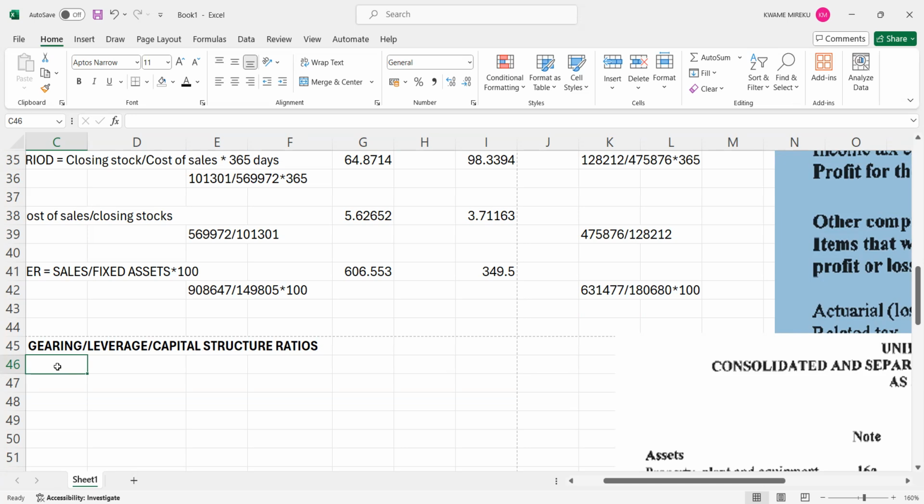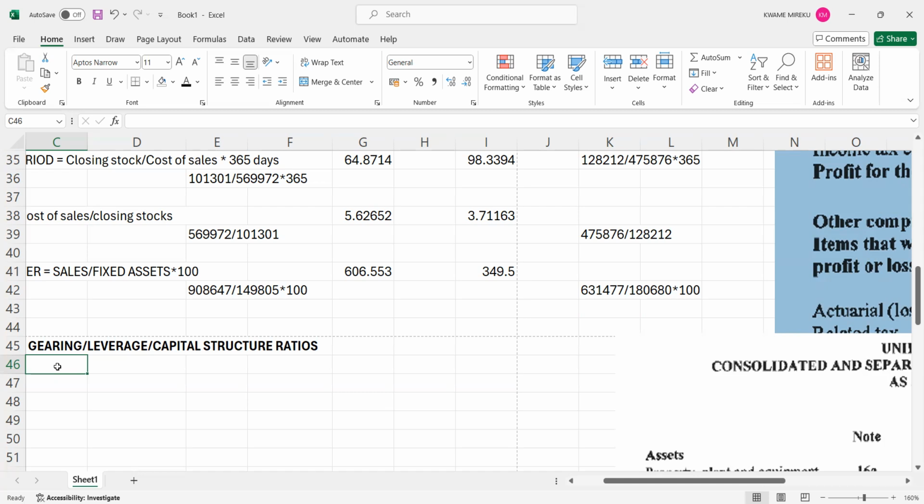But firms that have less of outsiders' funds compared to the owners', these firms are lowly geared companies. So this is a risk management ratio. Now let's see if the company is highly geared or lowly geared, and let's see what advice you give.